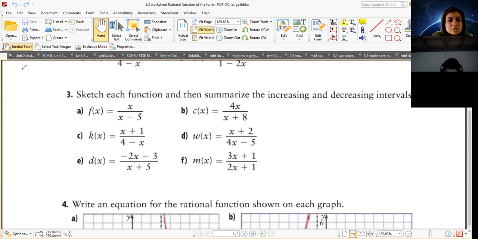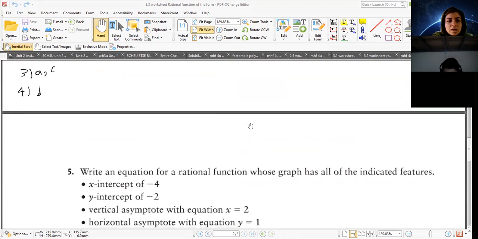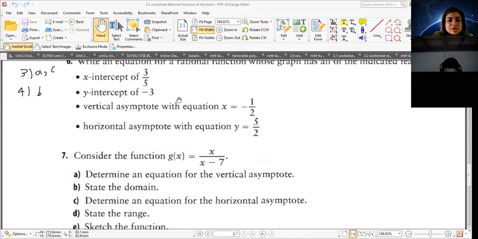Question number 3, A and C. Question number 4: do B, and I'm going to do A for you right now. I'm going to do question number 5 for you. You do question number 6 and 7. These are the questions you're doing.